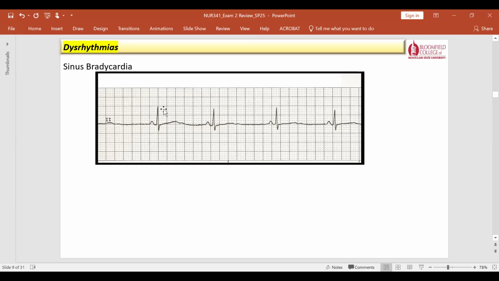But if you are going to use the 300 method, then we have 1, 2, 3, 4, 5, 6, almost like 6.2. Let's say 6.5, and 300 over 6.5. I know that the first cardiac cycle is kind of missed. It was completely discounted, not counted within the R wave to R wave cycles.